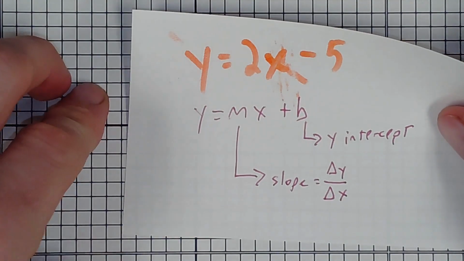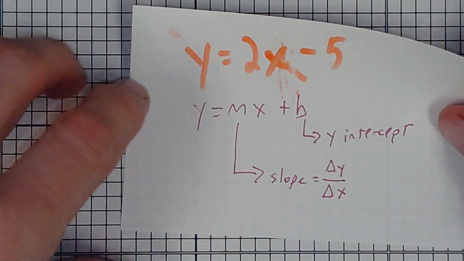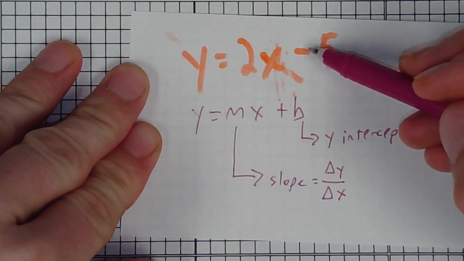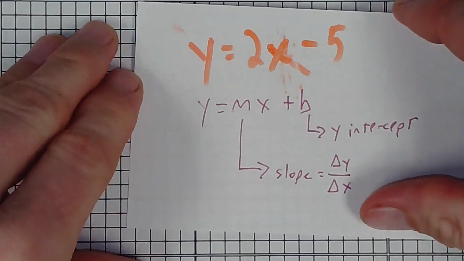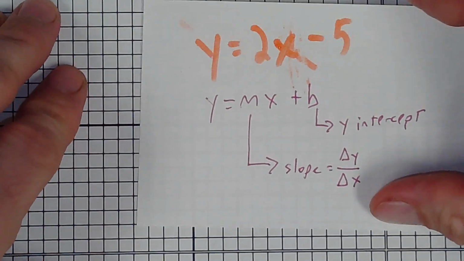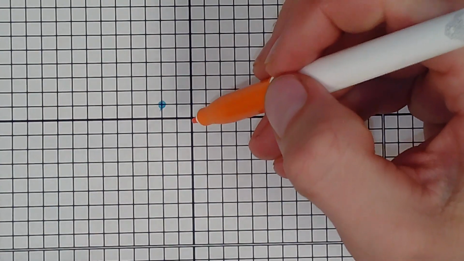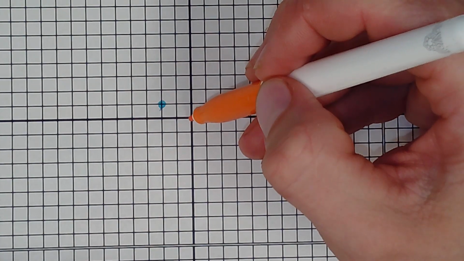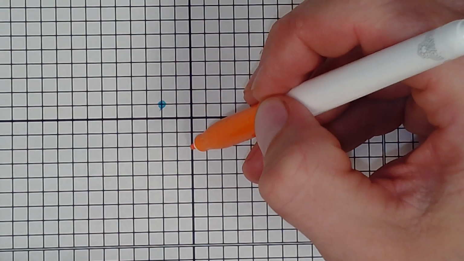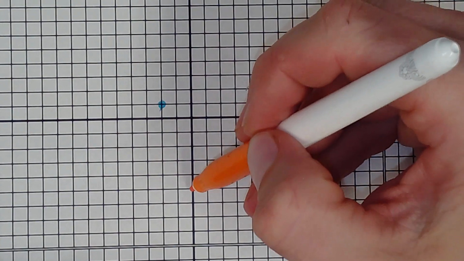So we can draw our line based upon this information. Let's start with the y-intercept. Your y-intercept is -5, so this line is going to cross the y-axis at -5. We find y, 1, 2, 3, 4, 5.